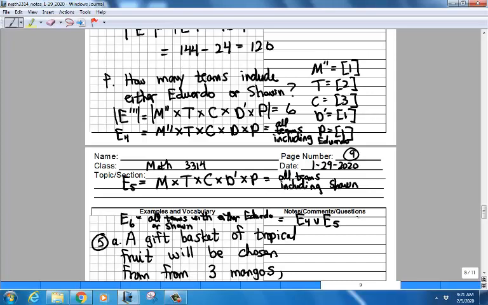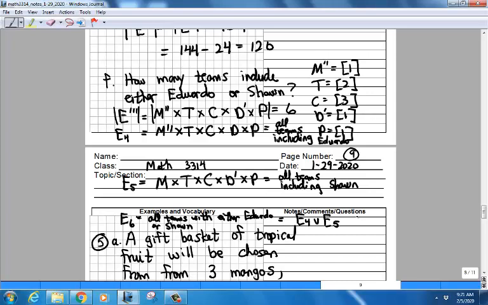These sets overlap with teams that include both Eduardo and Sean. This set of teams has teams that include both Eduardo and Sean, and this set of teams has teams that include both Eduardo and Sean. So how do we get rid of that?